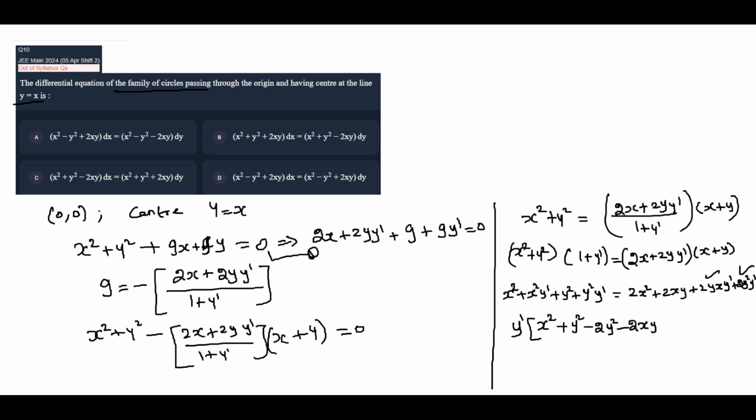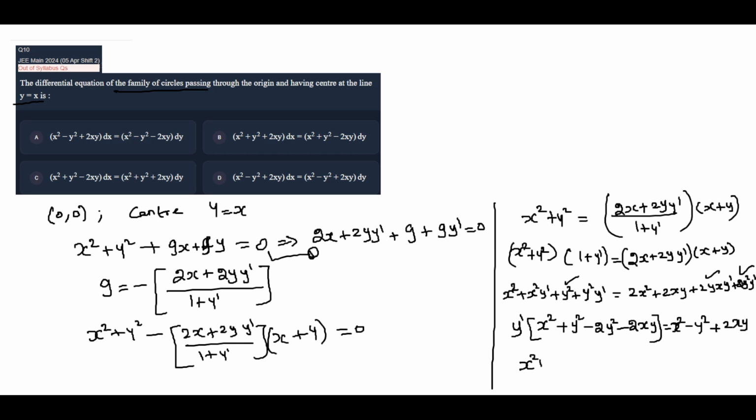The remaining terms will be x square and y square: 2x square minus x square is plus x square, minus y square plus 2xy.